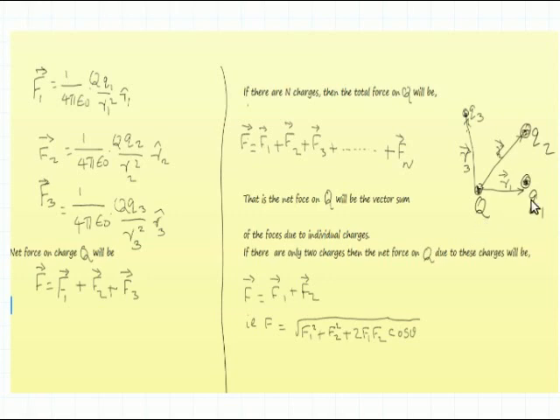So q1 is at a distance r1 from the charge q, q2 is at a distance r2 from the charge q, q3 is at a distance r3 from the charge q. Here r1, r2 and r3 represent the position vectors of q1, q2 and q3 respectively.